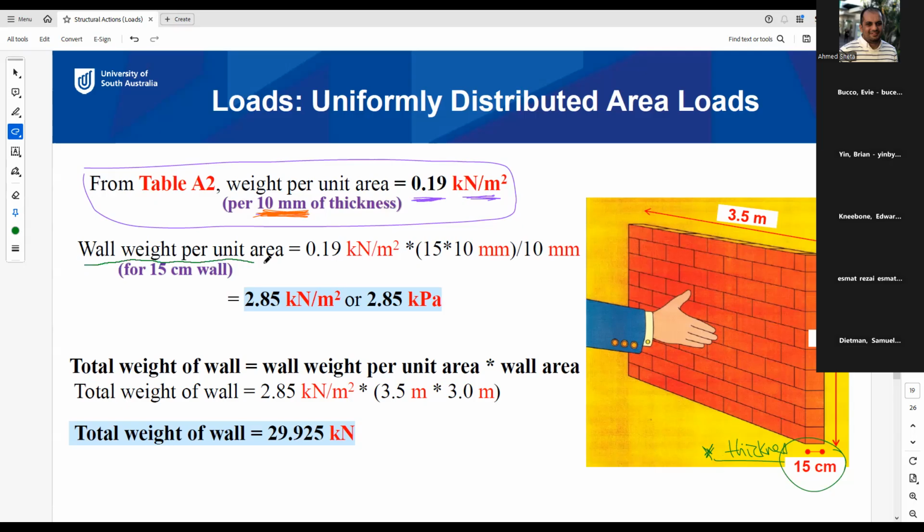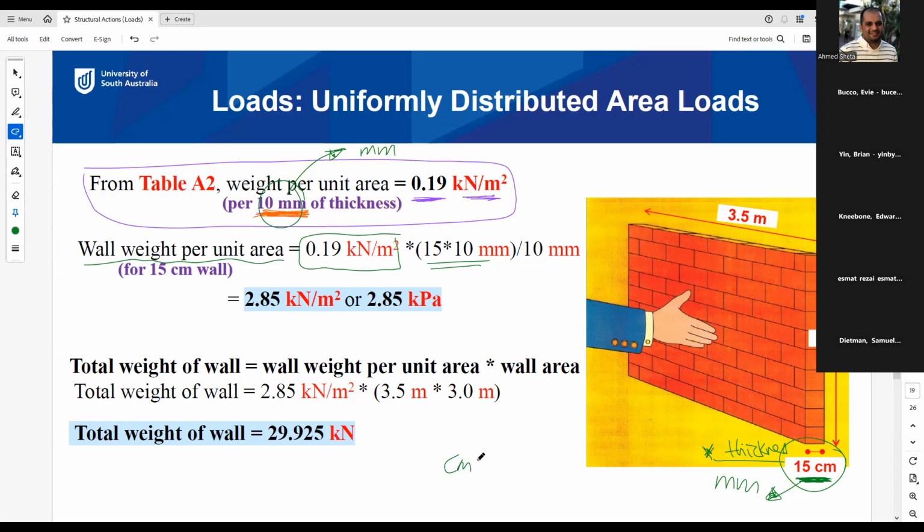The wall weight per unit area is 0.19 kilonewton per square meter times 15 times 10 millimeter. The problem is that we have the thickness in centimeters, so we need to convert it to millimeters, because the standard gives us the value for millimeters.